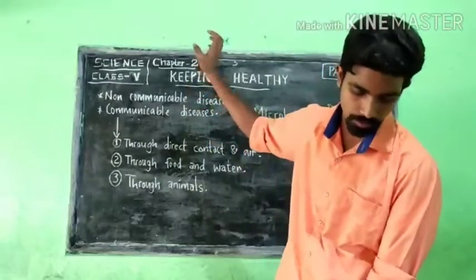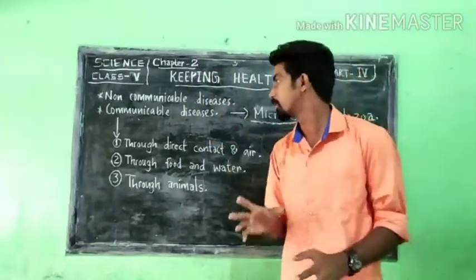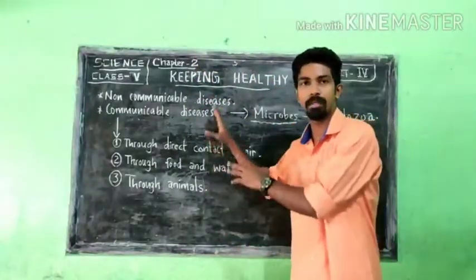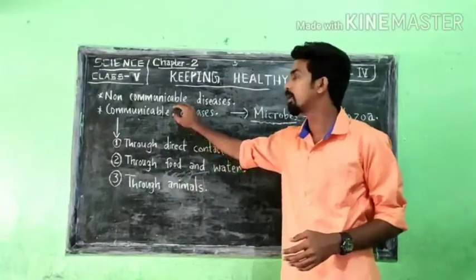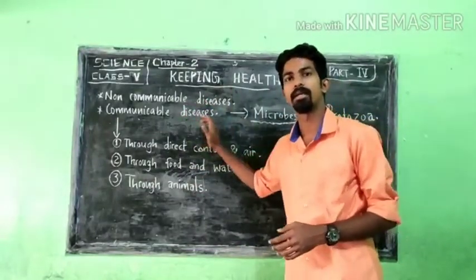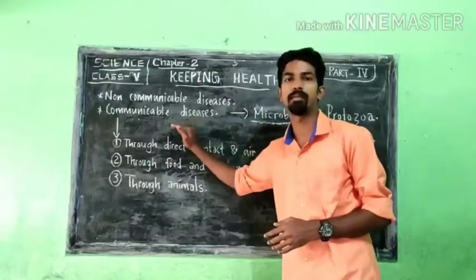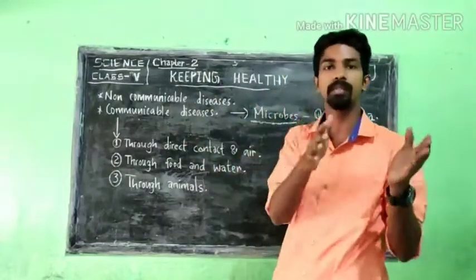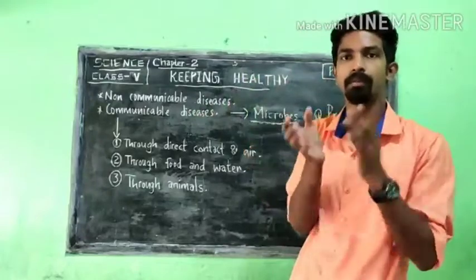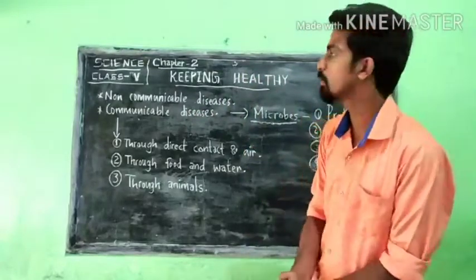Okay, then that is about today. I think you may have understood the difference between non-communicable disease and communicable disease. Non-communicable disease will not transfer or spread from one person to another person.